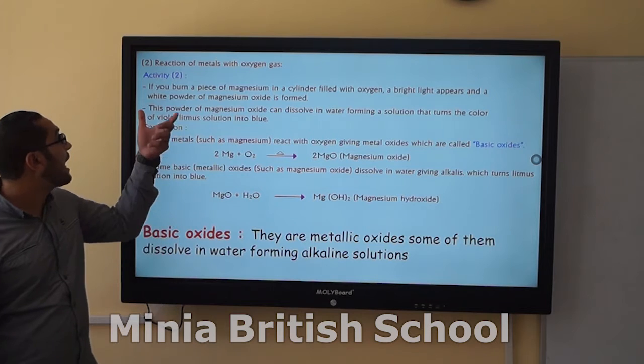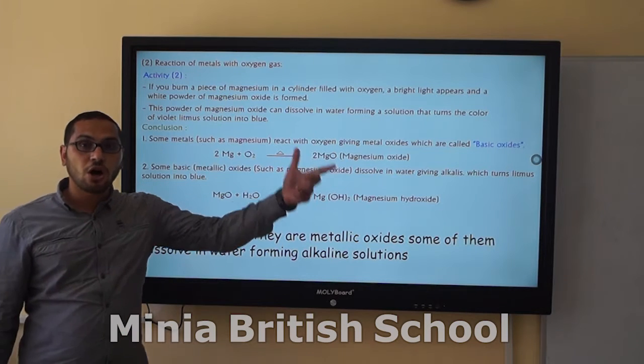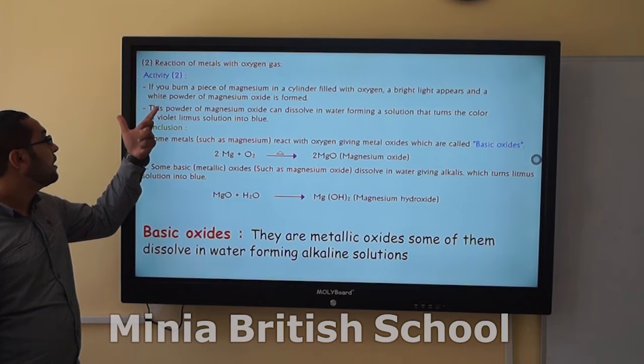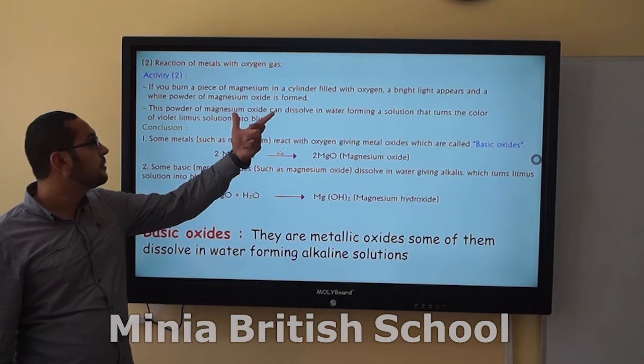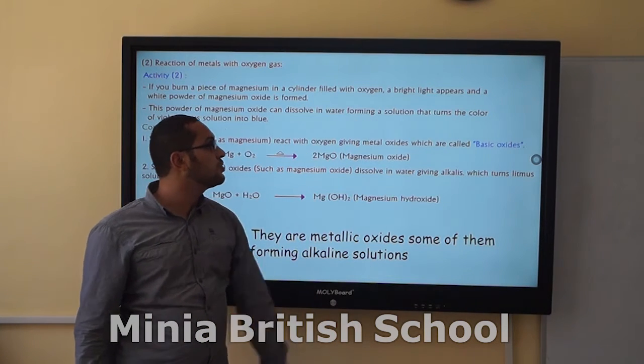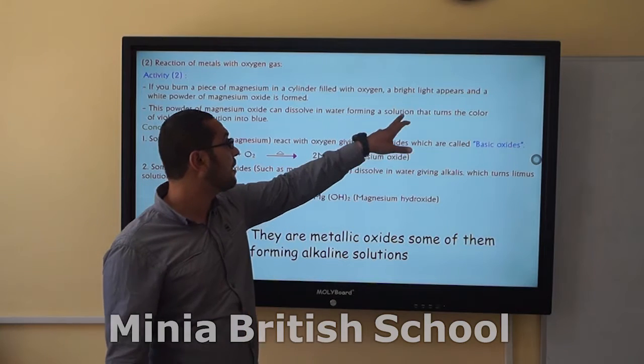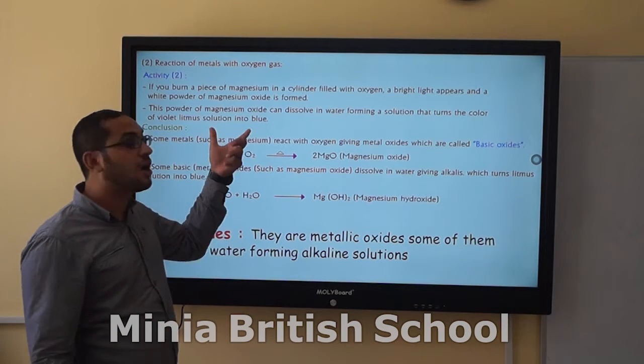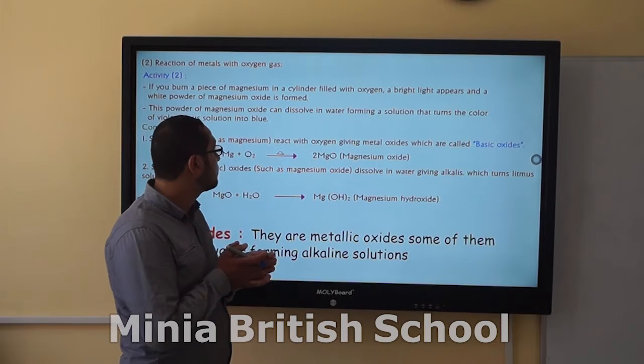The second one, reaction of metals with oxygen gas. Activity here: if you burn a piece of magnesium in a cylinder filled with oxygen, violet lights appear and a white powder of magnesium oxide is formed.